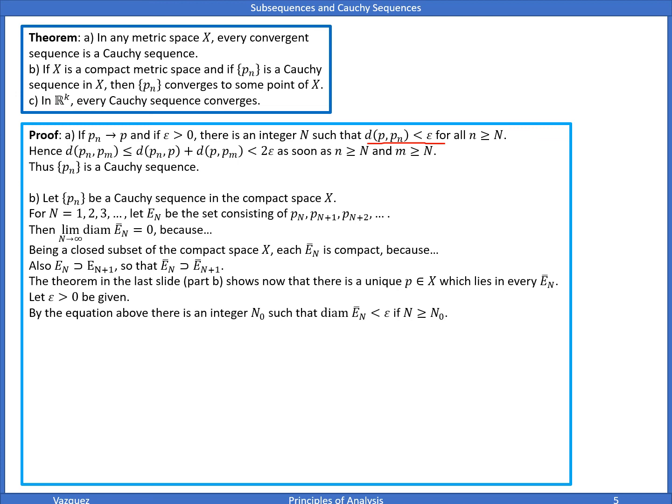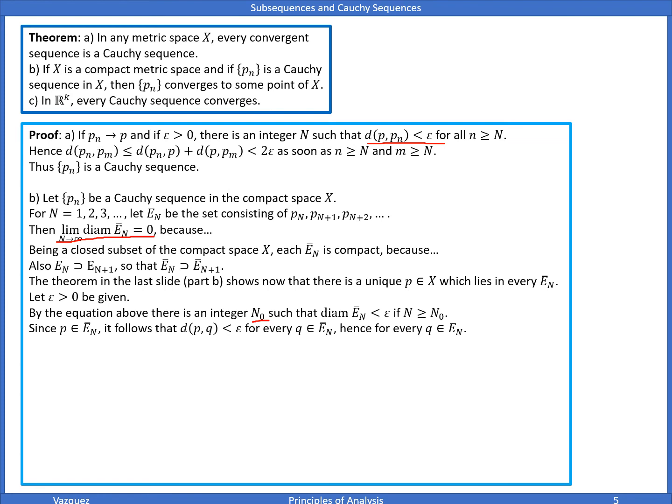Well, by the equation above, there's an integer n sub naught such that the diameter of the closure of E sub n is less than epsilon if n is greater than n sub naught. So when I say equation, I mean this equation. By that equation, there's an n naught such that that diameter is less than epsilon.